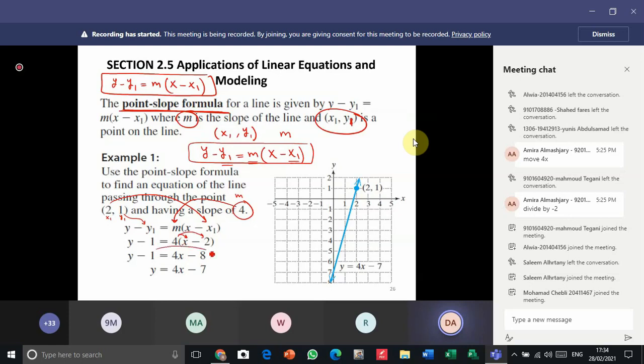Move the negative 1 to the other side, we have plus 1. Minus 8 plus 1, we have negative 7. So we have y equals 4x minus 7. How can we verify whether this is correct or not? Substitute the x. We have 4 multiplied by 2 minus 7. This equals 8 minus 7, which equals 1.